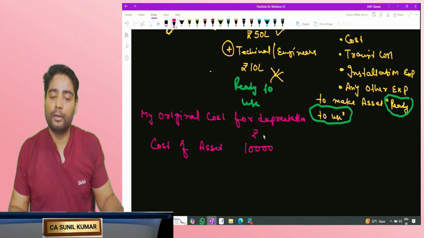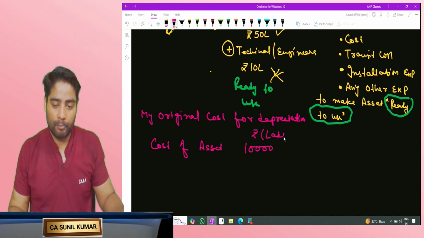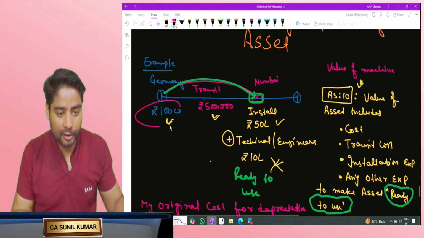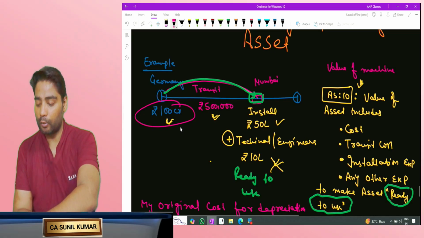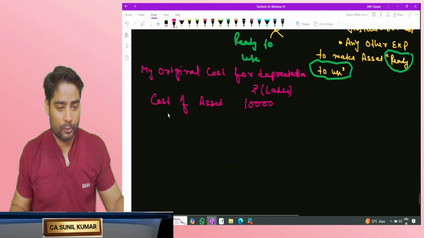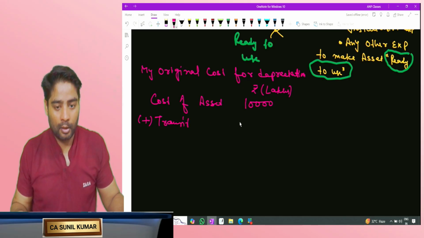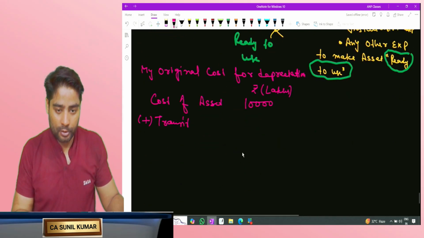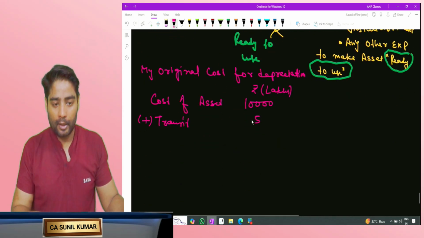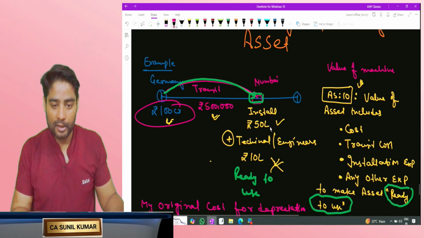I'm taking the value in lakhs because I've taken the amount as 100 crore. Sir, 100 crore in terms of lakhs will be 10,000, plus the transit or conveyance cost. What will be that conveyance cost? It is 5 lakh, plus the installation cost.